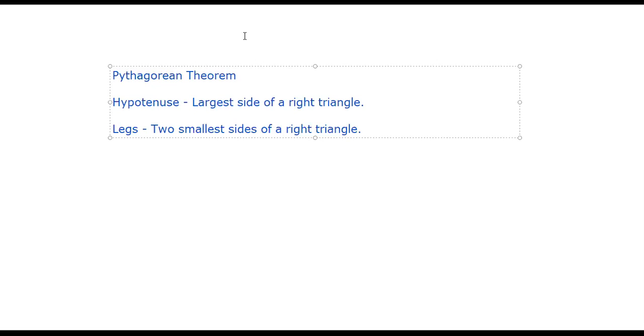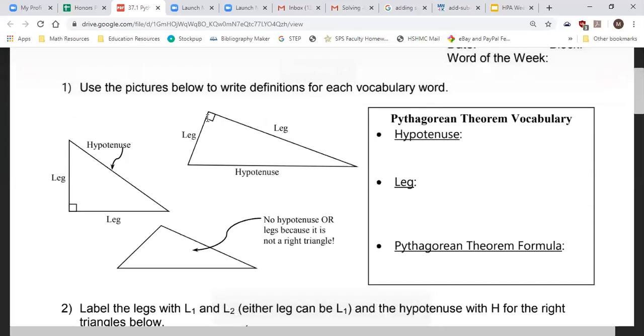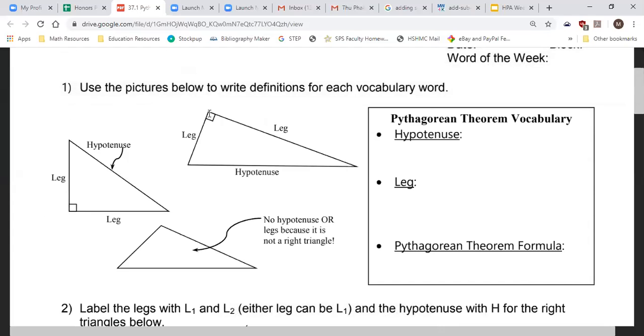I'll go back to the screen shortly, but there's also another key feature about the hypotenuse. If you look at where the right angle is in the second triangle, the hypotenuse is always opposite. So where the right angle is, look directly on the opposite or across the right angle, and you'll find where the hypotenuse is. Once again, if you look directly across or opposite the right angle, you'll find where the hypotenuse is.